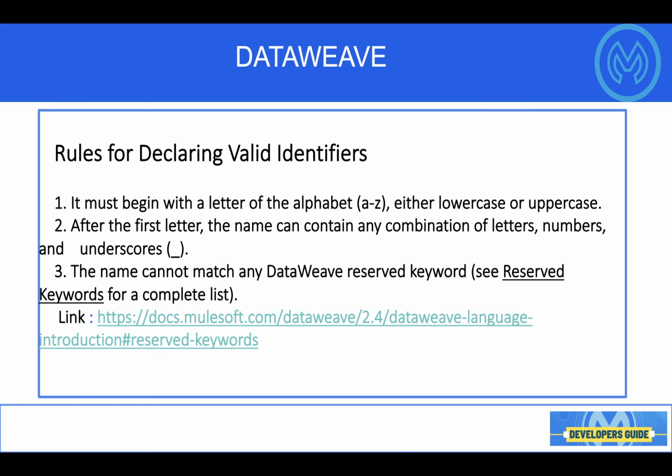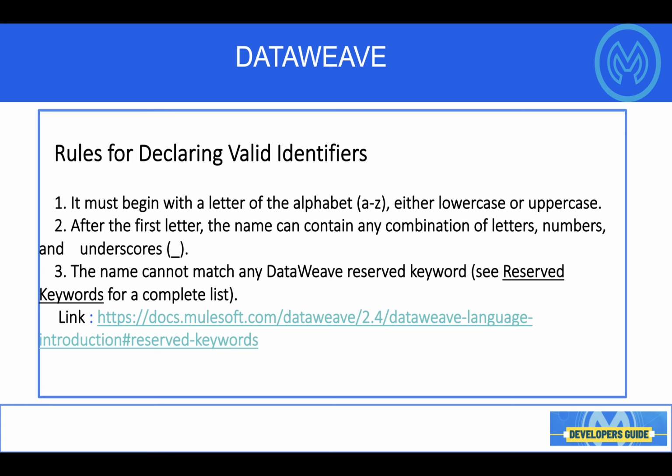If you use anything else, like other special characters such as dollar or hash symbol, then it will give you an error. The third thing is that you should not use a reserved keyword when defining a function or variable. You will get the list of reserved keywords in this link. I will share this PPT, then you will be able to open it and see all the reserved keywords. You should not use a reserved keyword for your variable name or function name.